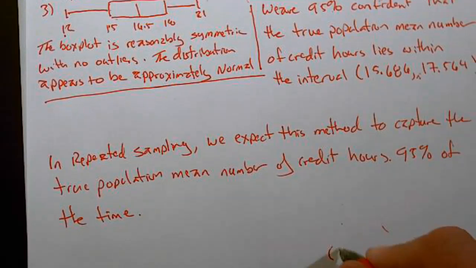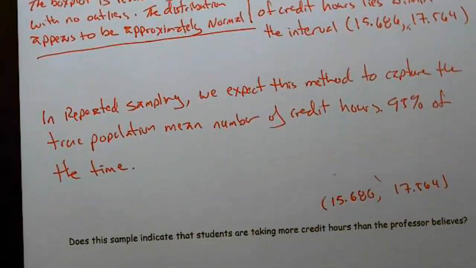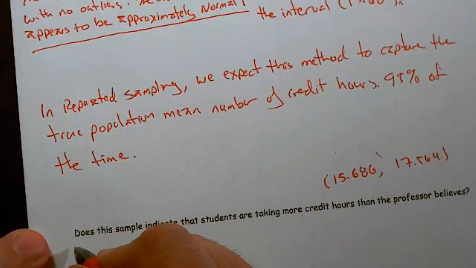Our interval that we calculated above was 15.686 to 17.564. And we have one last question. Does the sample indicate that students are taking more credit hours than the professor believes? And the answer is yes.